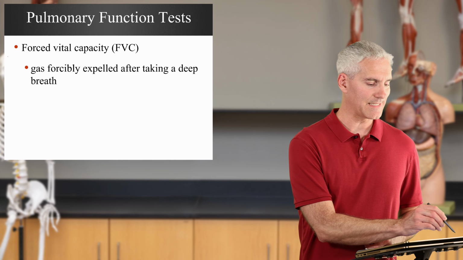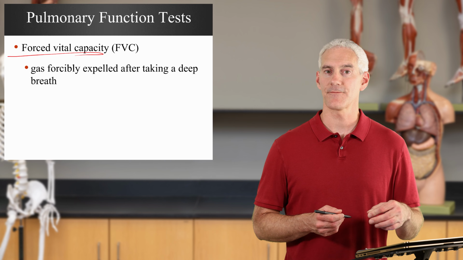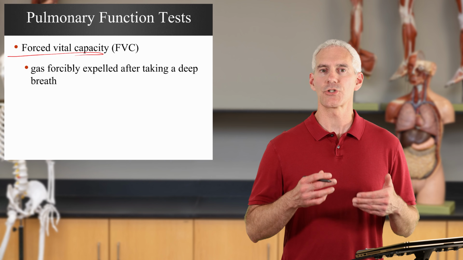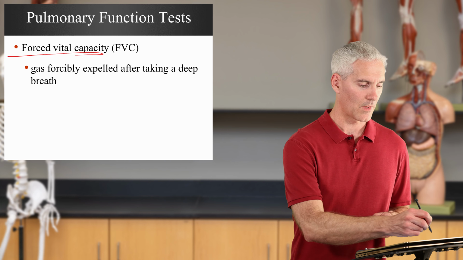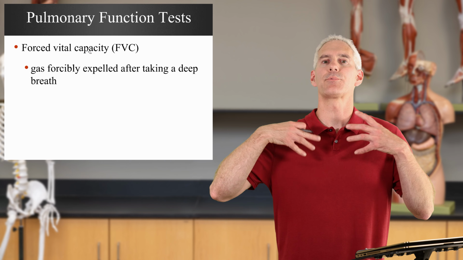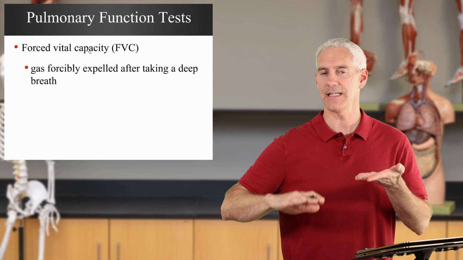We have FVC, or forced vital capacity. Now this is different from vital capacity because you're trying to forcibly blow the air out as fast as possible. So you take that maximum deep breath in, and then you blow out all the way through the IRV, TV, and ERV.